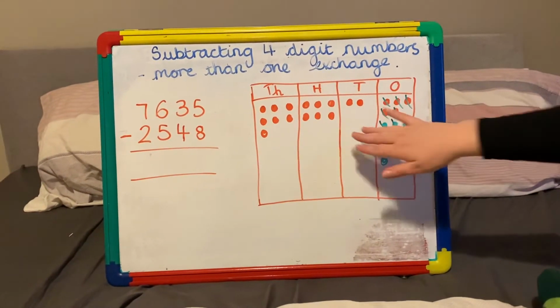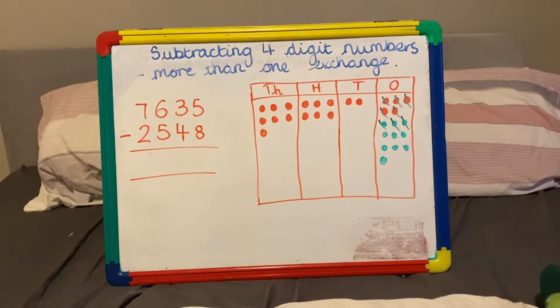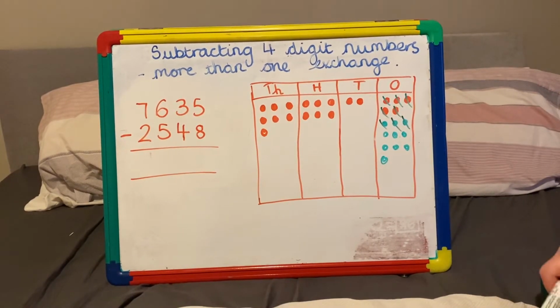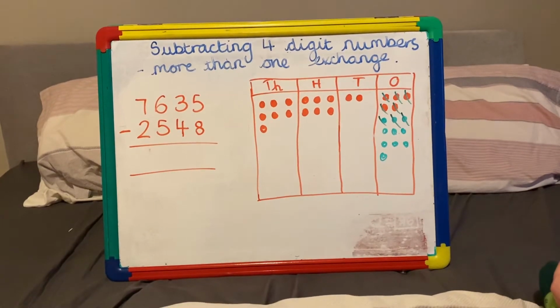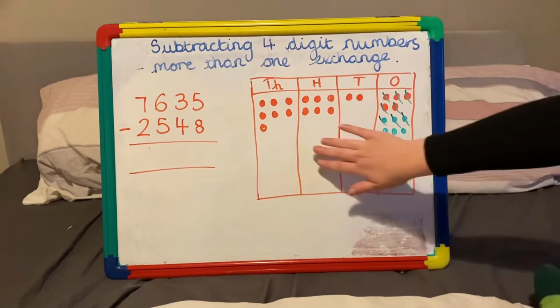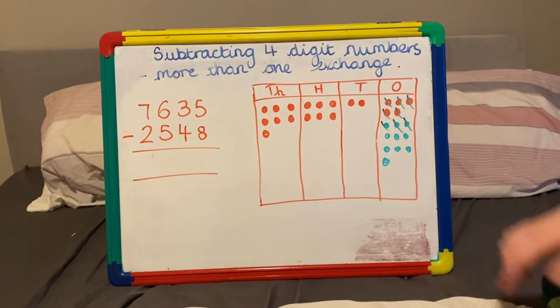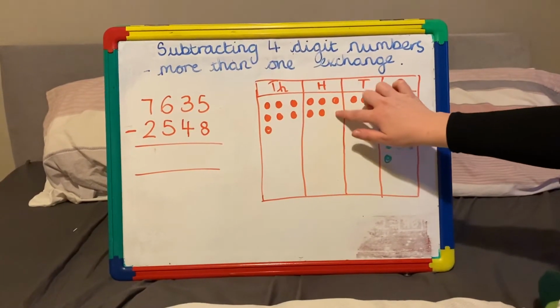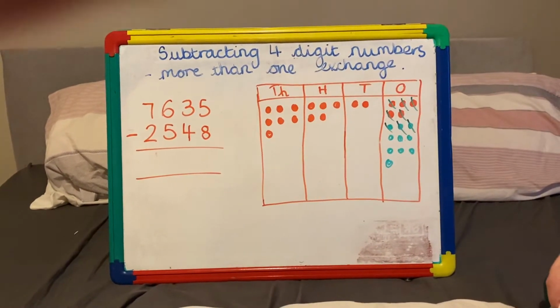But in my column, I only have 2 tens left, which means I'm going to have to do another exchange. So now we're going to have to take from the next highest column, which is the hundreds column. So if I take a hundreds counter, that is worth 100.